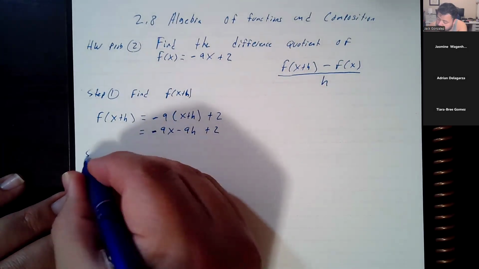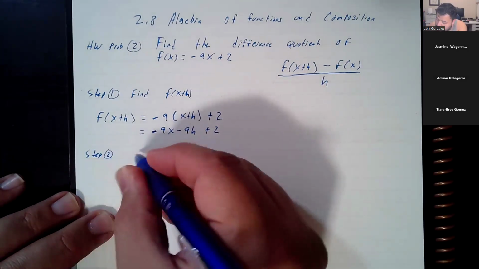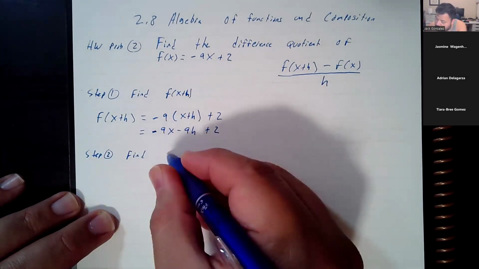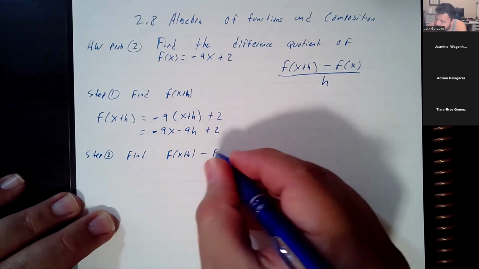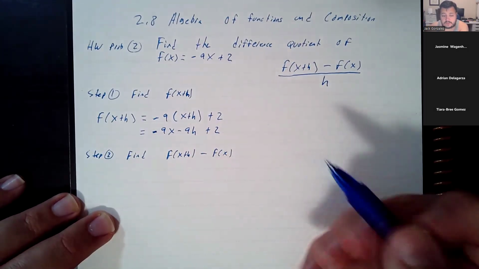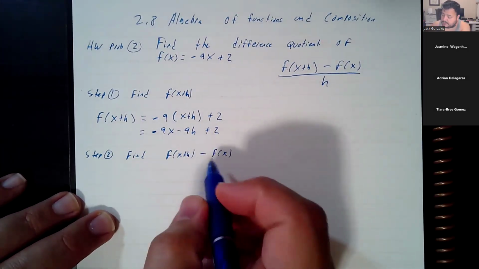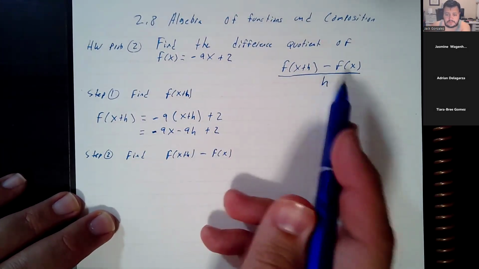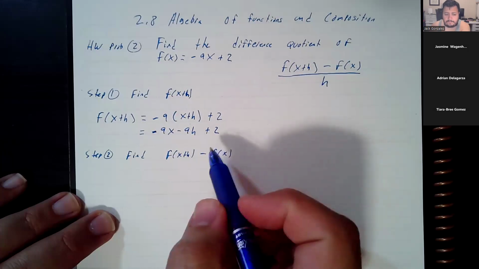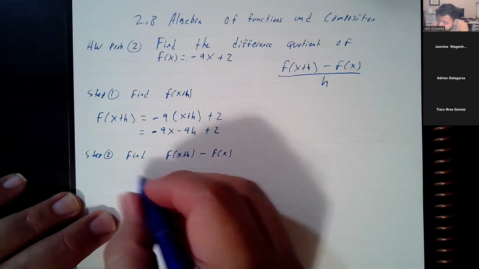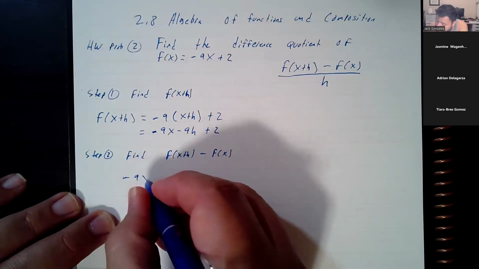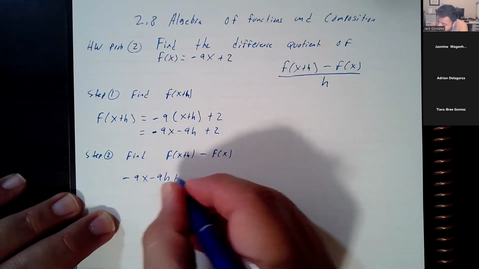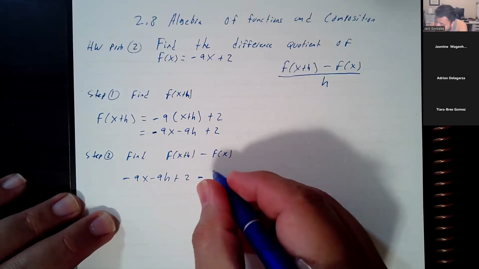Step 2, find what you just got minus f. If you want to do it all at once, you can. I'm doing this just in case you're not familiar with this and your algebra is a little rusty. So I already found this in the previous step, so here it is. And then we're going to subtract the entire f.